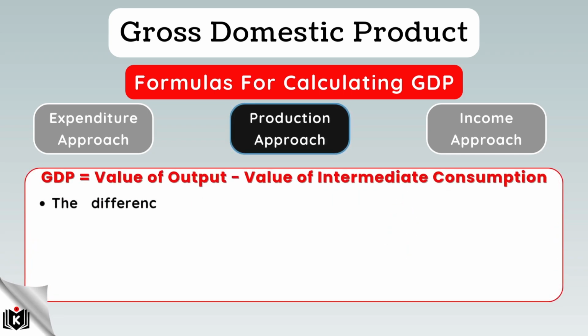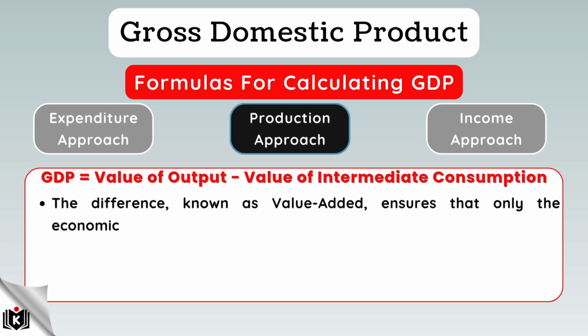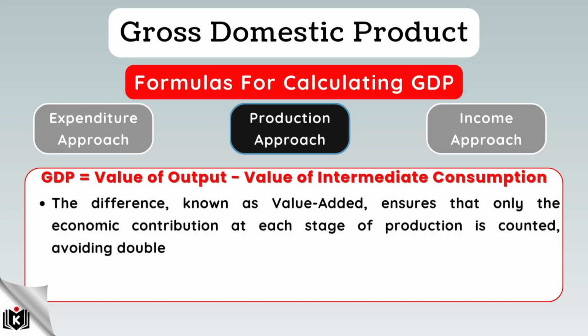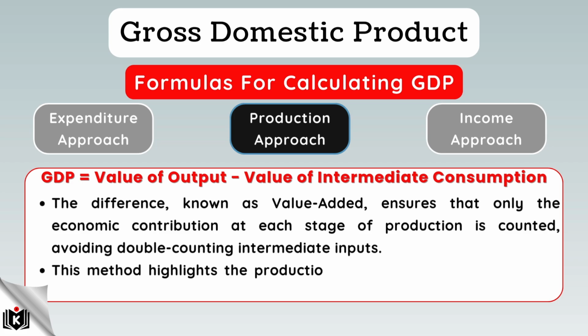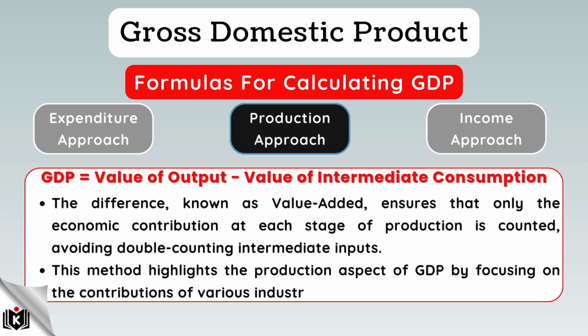This difference, also referred to as value added, ensures that only the economic contribution at each stage of production is counted, thus avoiding double counting intermediate inputs. This method highlights the production aspect of GDP by focusing on the contributions of various industries and sectors.